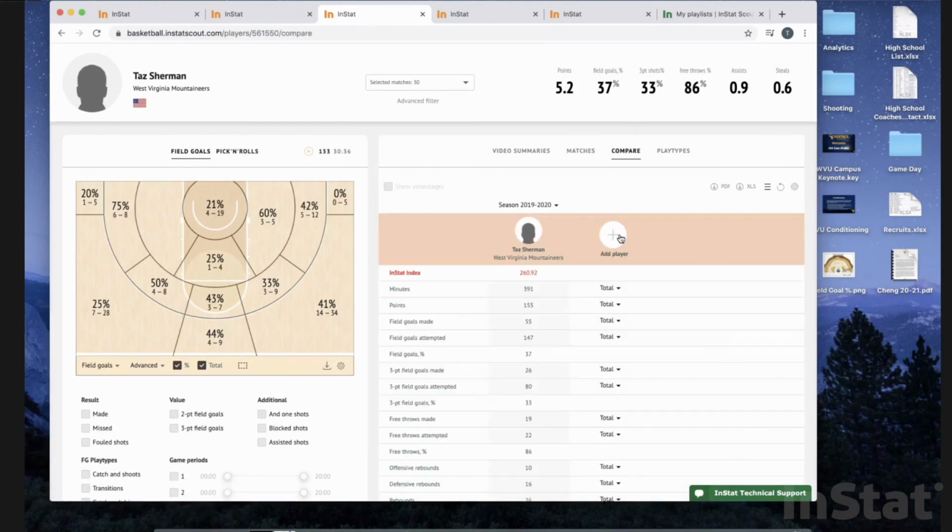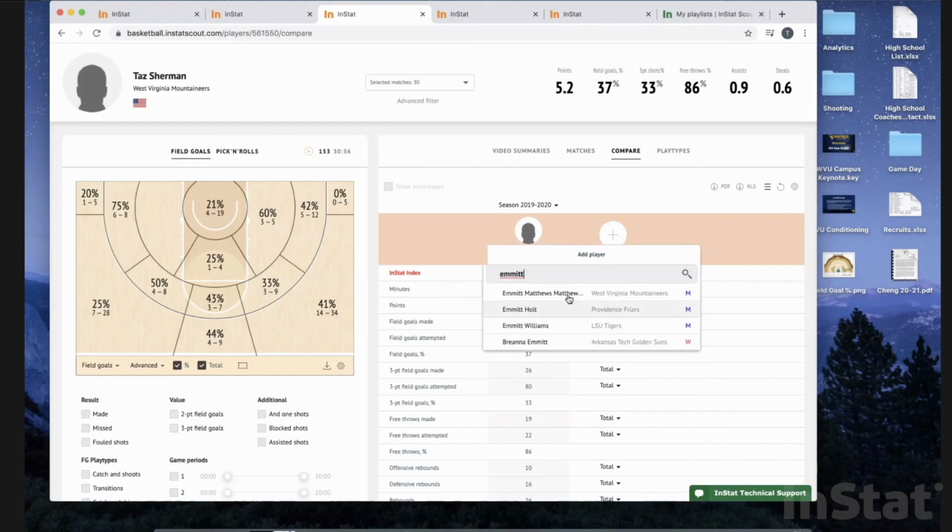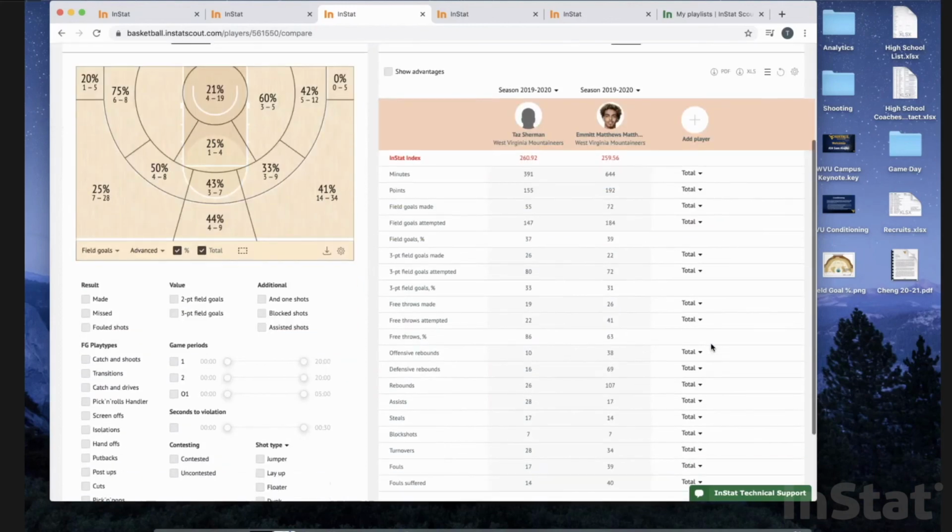We haven't necessarily dove into this, but I think if we can compare, so put that in here. There it is. They can go and compare their numbers to other teammates if they want to go put another player in there that's similar to them. So something like Austin Reeves at Oklahoma.